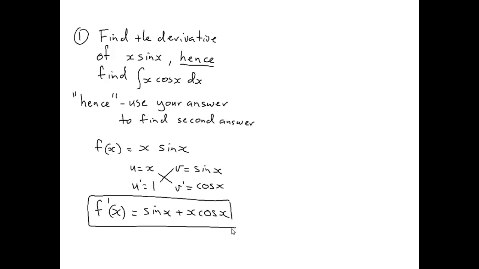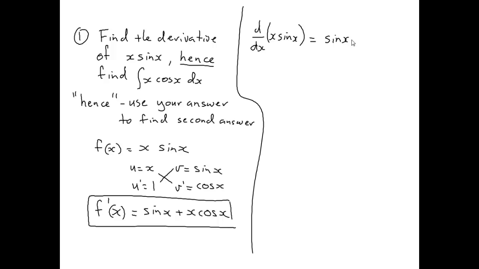Okay, let's start with that to do part 2. What have we just shown? We've shown that the derivative with respect to x of x sine x equals sine x plus x cos x. Now we wanted to find the antiderivative of x cos x.